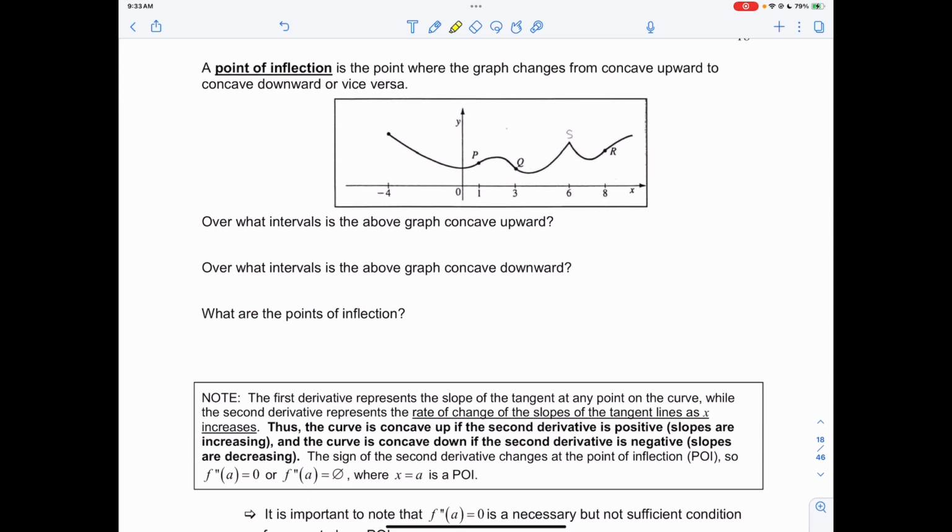A point of inflection is a point where the concavity changes from upwards to downwards or from downwards to upwards.